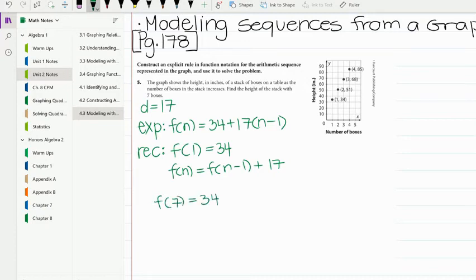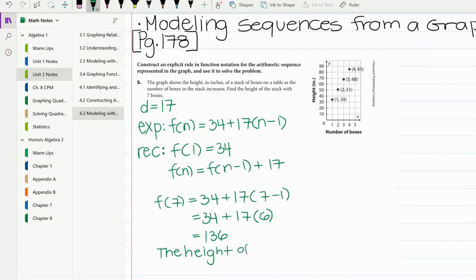So that would be 34 plus 17 times 7 minus 1, which is 34 plus 17 times 6. And when you do all that, you get 136. So what that means is the height of the stack of 7 boxes is 136 inches. Okay, so this was creating a sequence from a graph.